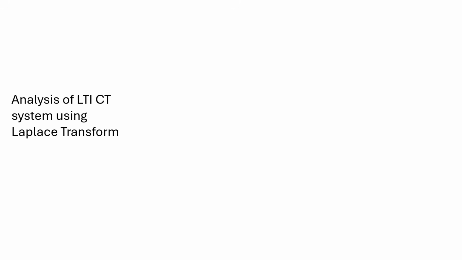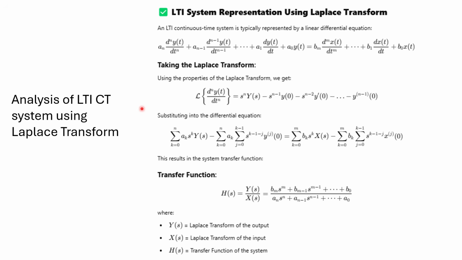Okay, so now let's talk about the analysis of the LTI-CT system, the linear time invariant continuous time system, using the Laplace transform. So an LTI continuous system is typically represented by a linear differential equation, here a_n d to the power n y(t) divided by dt to the power n, and likewise. So this is the LTI system, any general LTI system.